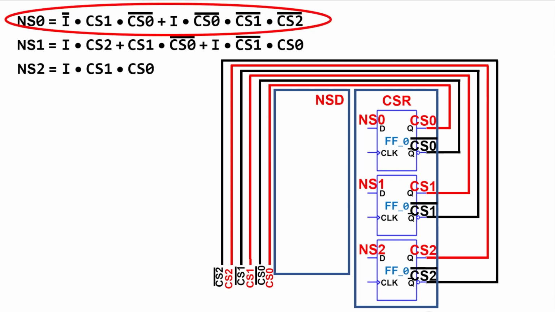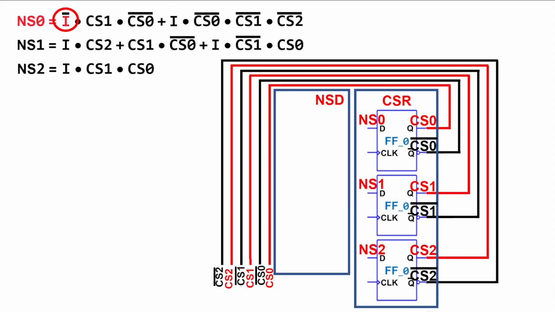And so now all we have to do is start building the logic using AOI gates. I'm going to start with NS0, and I'm going to start with not I. And I want to acknowledge here that we've got three things that we need to multiply: not I times CS1 times not CS0.